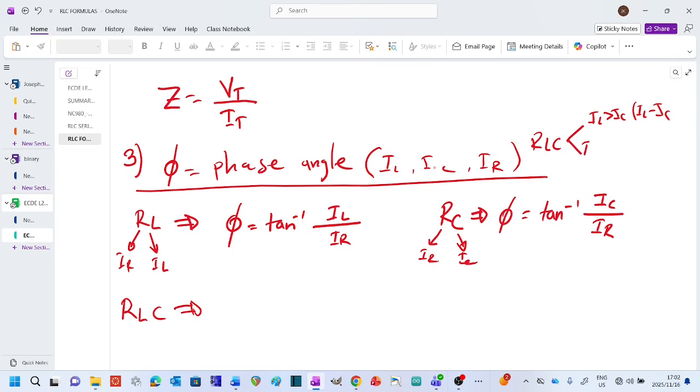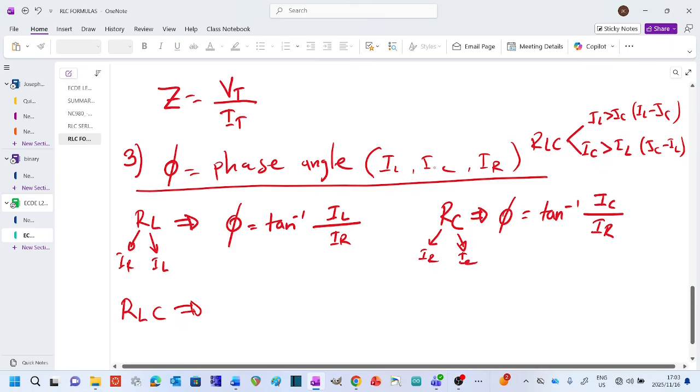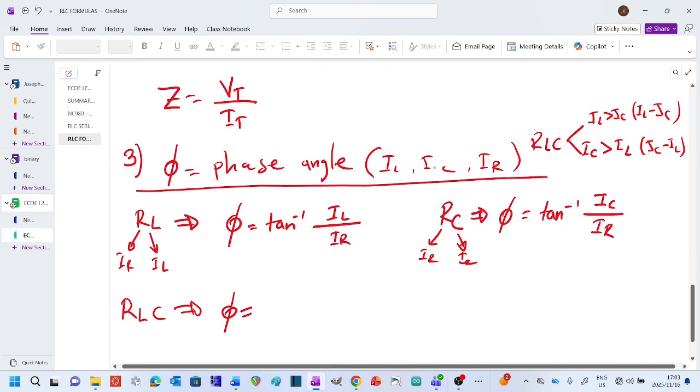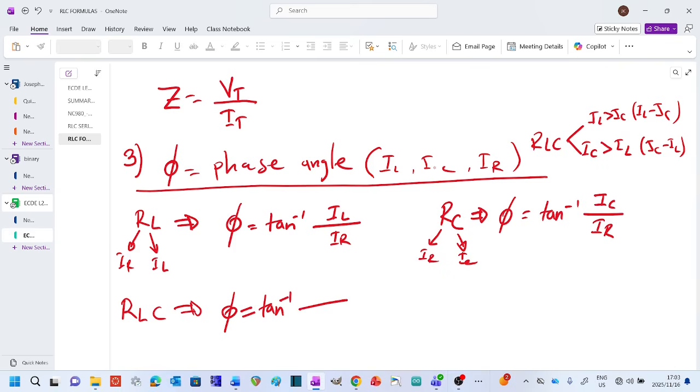If your IC is bigger than your IL, then you are doing IC minus IL. So that's what we're doing. So when you are dealing with the case where your IL is bigger than your IC, your angle is going to be equal to tan to the power negative 1. Now your numerator is going to be IL minus IC over IR. That's it.